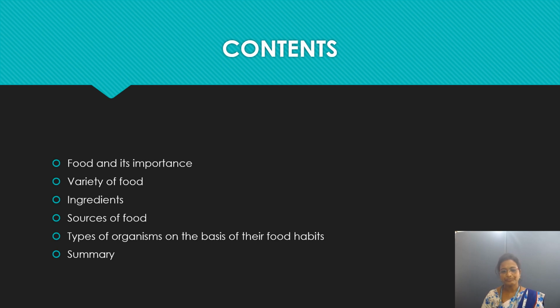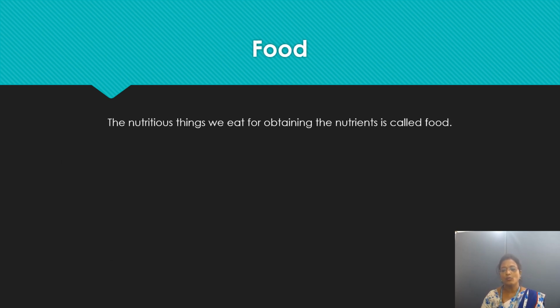Okay? Fine. So now, what do you mean by food? The definition of food is: the nutritious things we eat for obtaining the nutrients is called food, isn't it? Now you might be thinking, what is this nutrient?